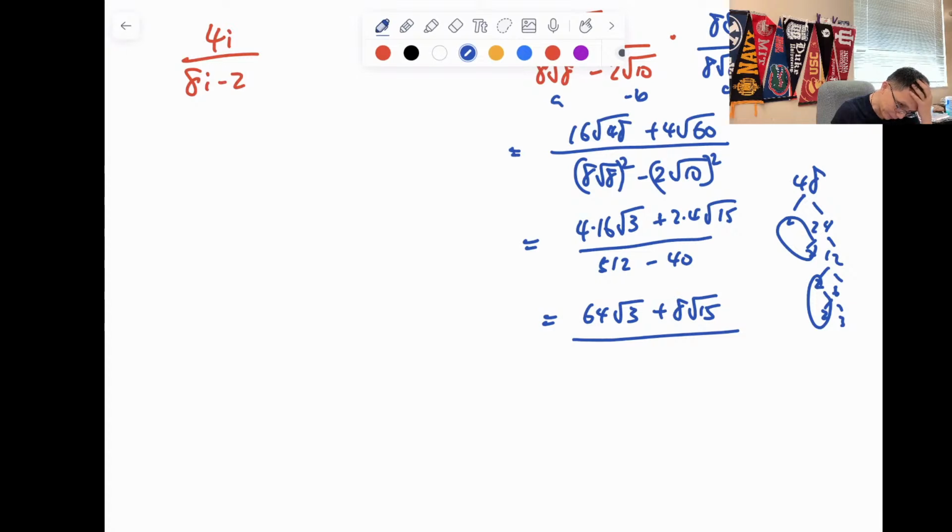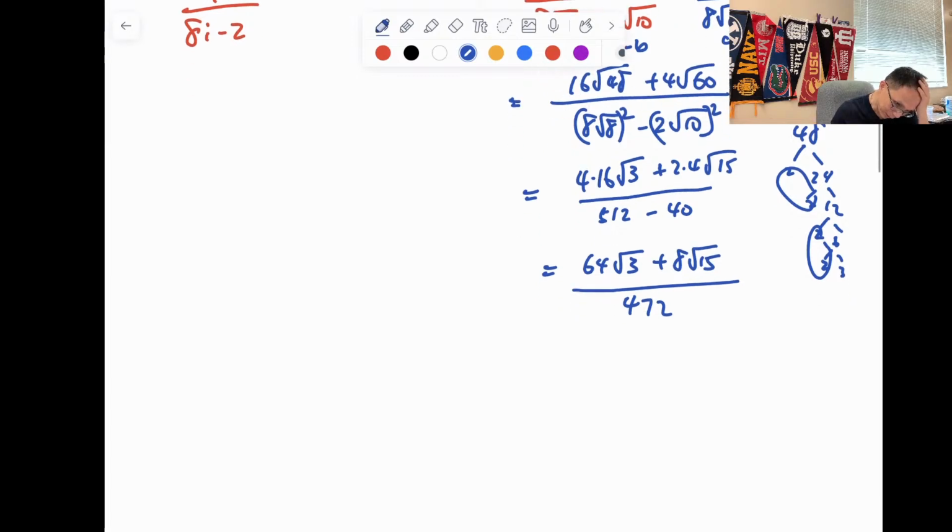472? Okay, 472 divided by 4? Yes. Can I divide it by 8? Yeah. Also, okay, so it'll be 8 root 3. What's 472 divided by 8? What is it? 59. 8 root 3 plus root 15 over 59, I believe.